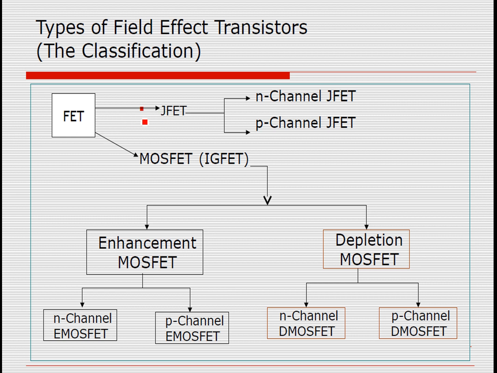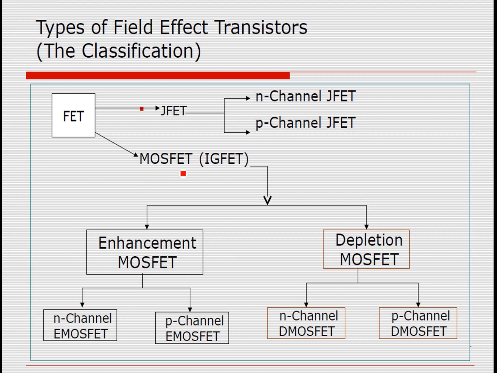First one is JFET, that is junction field effect transistor, and another is MOSFET, that is metal oxide semiconductor field effect transistor, or another way you can say IGFET, that is insulated gate field effect transistor. And JFET is again classified into two types: one is N channel JFET and another is P channel JFET.